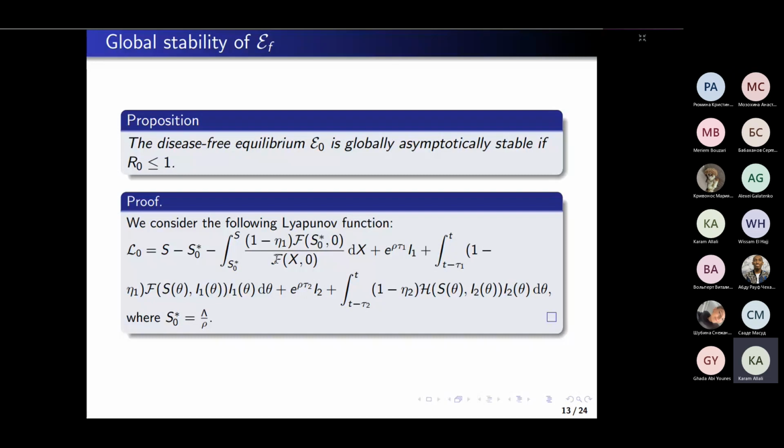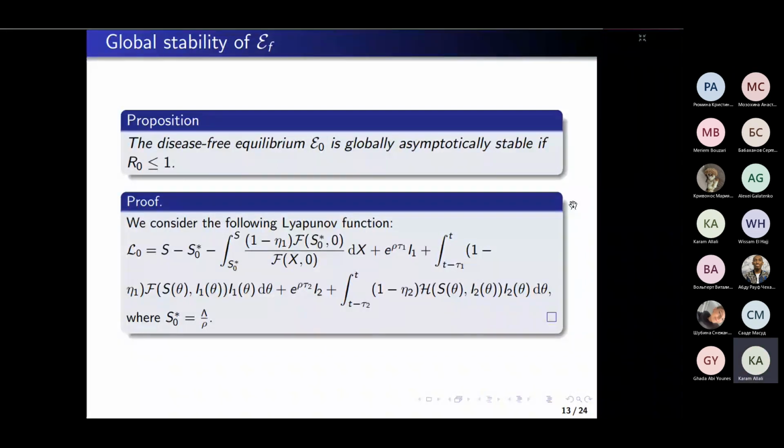Otherwise, it will increase indefinitely, and it will be unstable. This is the idea behind taking the Lyapunov functions. It is a very powerful tool to demonstrate the global stability of the steady states.